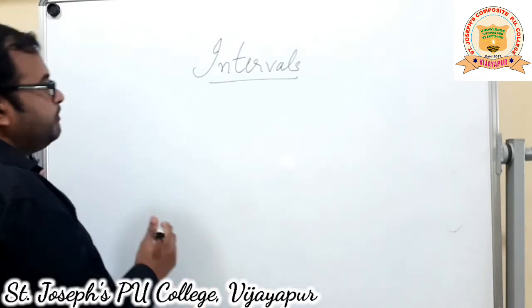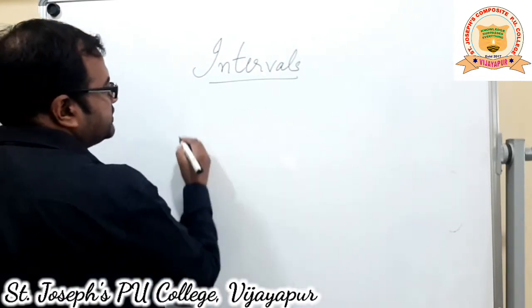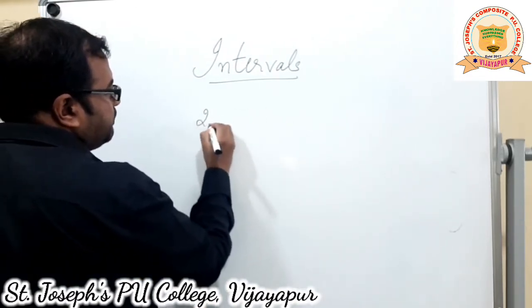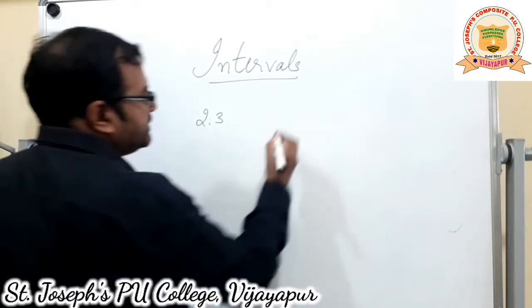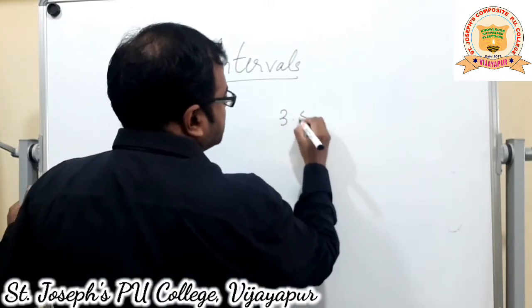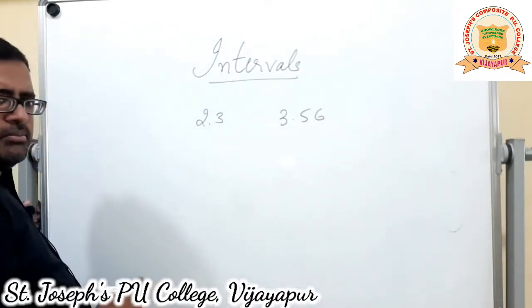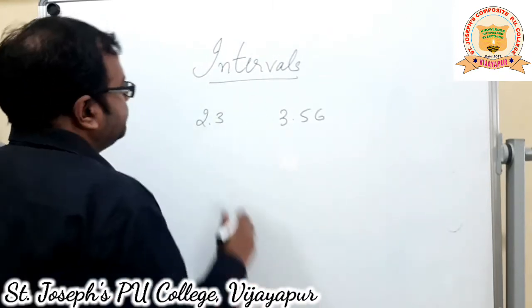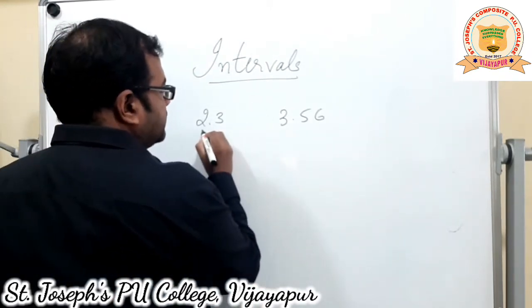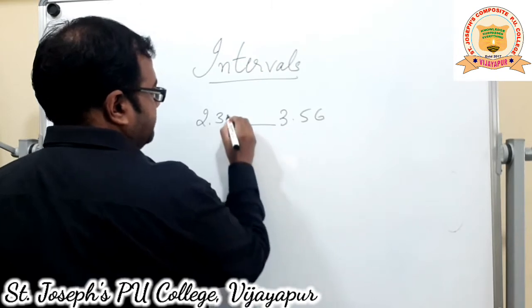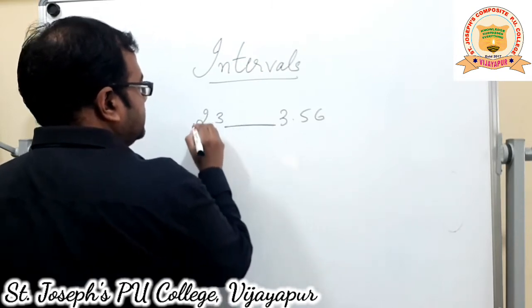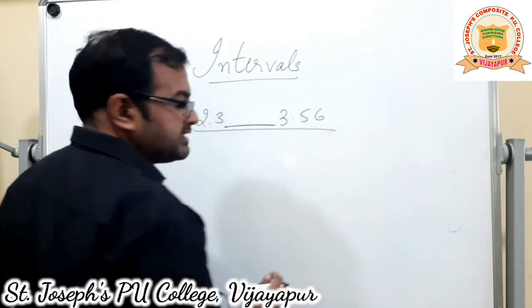Similarly here, when I talk about any 2 points in real numbers, suppose 2.3 is a real number, and another number 3.56 is another real number. I'm just taking some arbitrary values here. Now if you consider all the real numbers in between, then this total part can be called an interval.